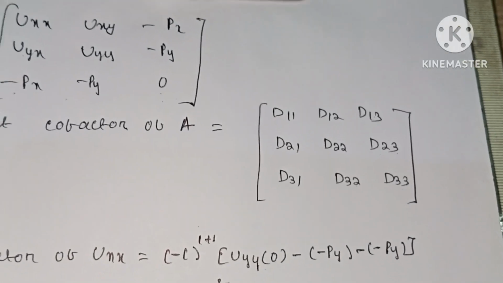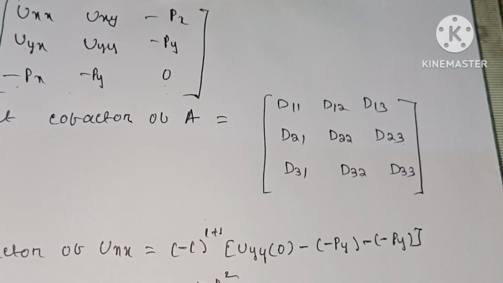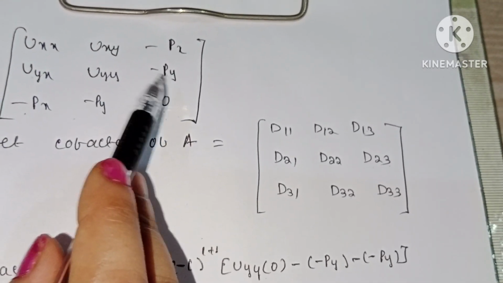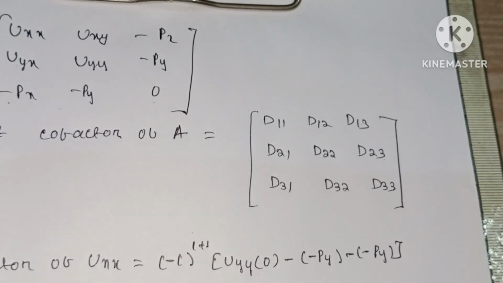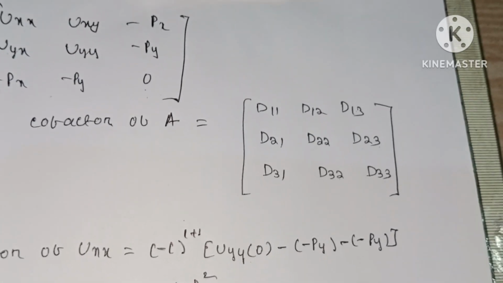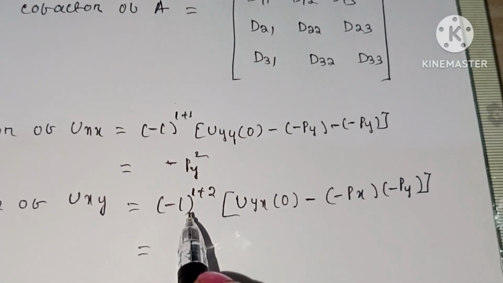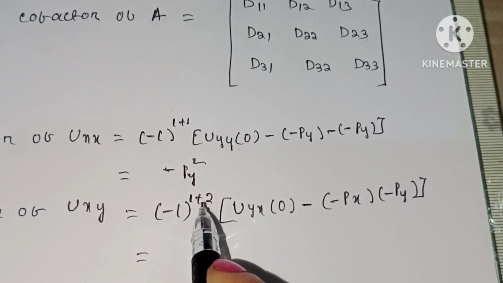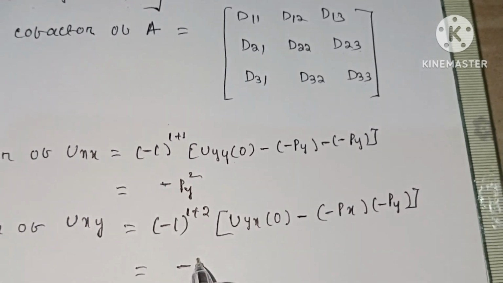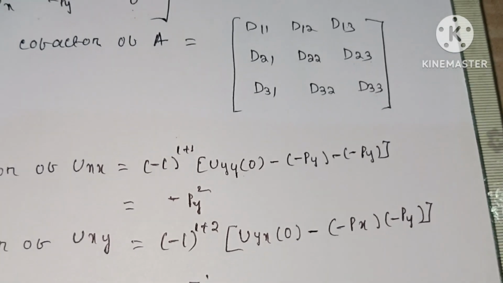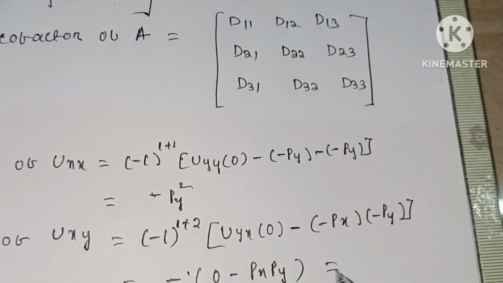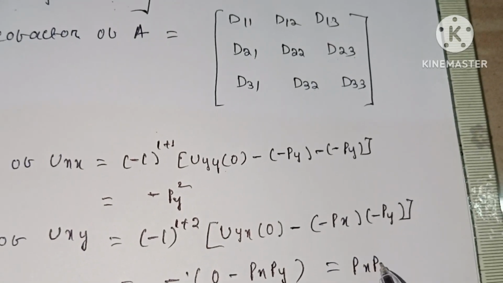So this equals uyx into 0 minus py into px. This becomes minus 1 to the power 1 plus 2, which is odd, so we get minus 1. So we get minus 0 minus px py, so this equals px py.